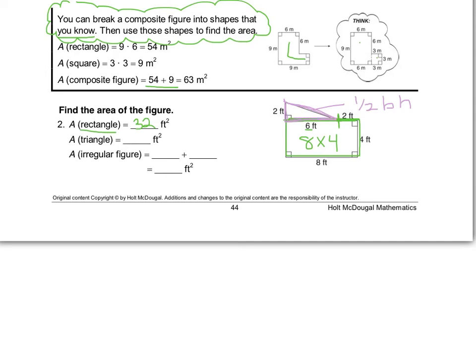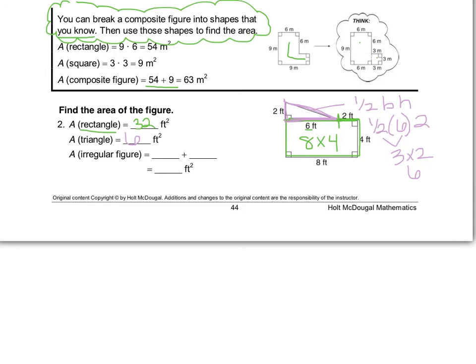So the base is 6, so I'm going to take half of 6, and I'm going to times it by the height. So, depending on how you like to solve these, I'm going to take half of 6 and get 3, and then 3 times 2 is 6. So the triangle is 6 feet squared.